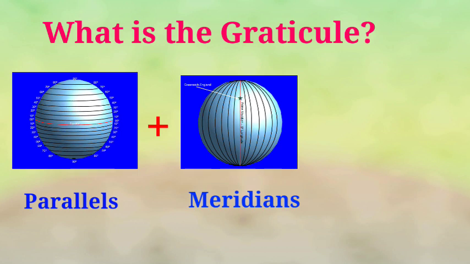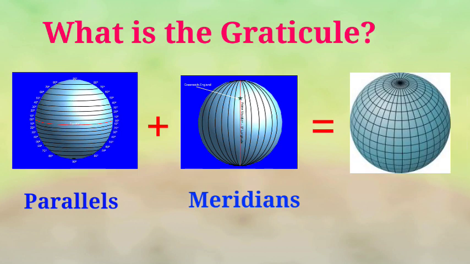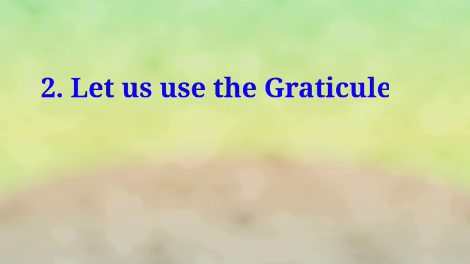They form a net on a globe, and that is called a graticule. This graticule facilitates determining the location of places. So in this lesson we are going to learn how we use the graticule. Our lesson number 2: Let us use a graticule.